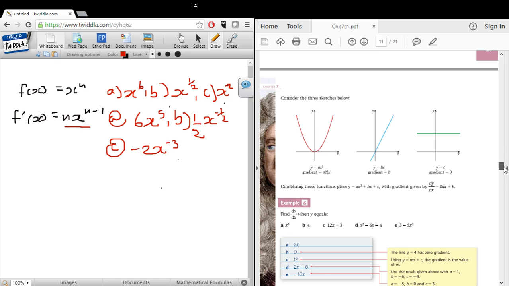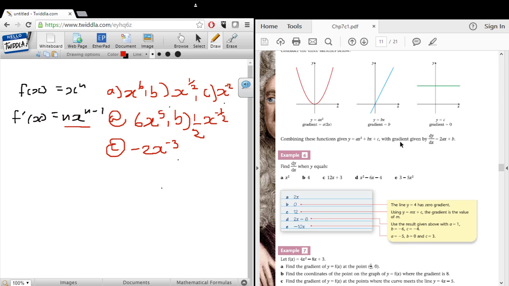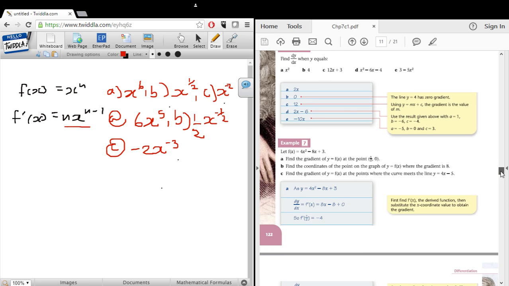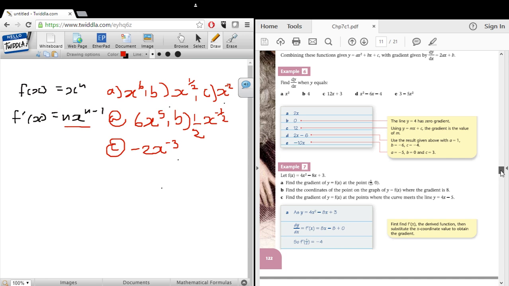Consider the three sketches below. Now find, or you can see their gradient. Differentiated, x is gone, differentiated because the constant is equal to 0. And then in example 6 and example 7, you have the ability to go through some of these questions, find the gradient of y equals f(x) at the point (1/2, 0).